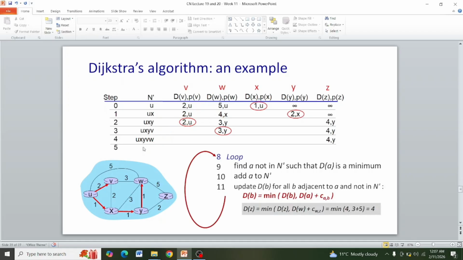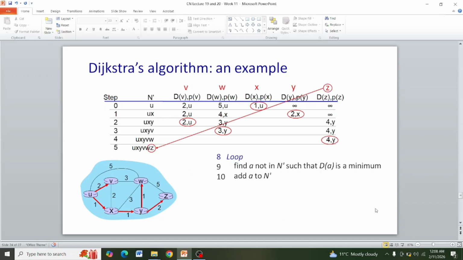Now we move on and get the cost of reaching Dz, because we are starting from w, then we have to traverse the node that is adjacent to w, which is z. So we calculate the cost of z, and again we get the minimum cost of these two options, which is 4. And at the end we pick the node z as well and add it to the set N prime.